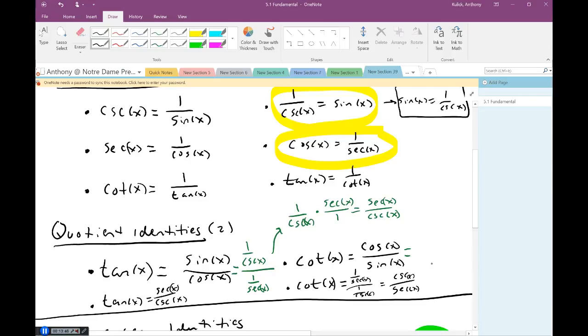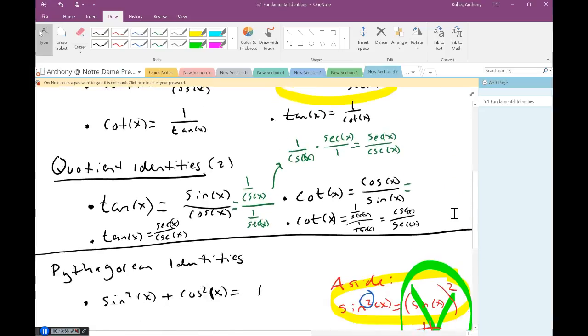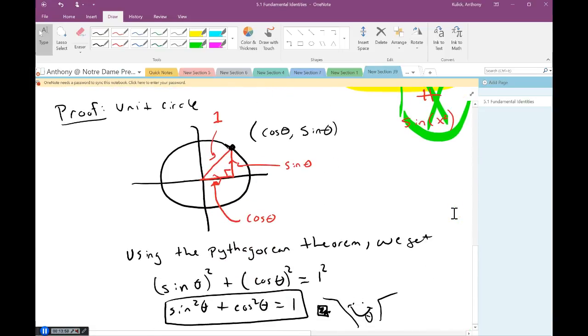Okay with that, Gabby? So the dividing fractions thing is what's getting that flipping in there that you were wondering about. That's what's going on.